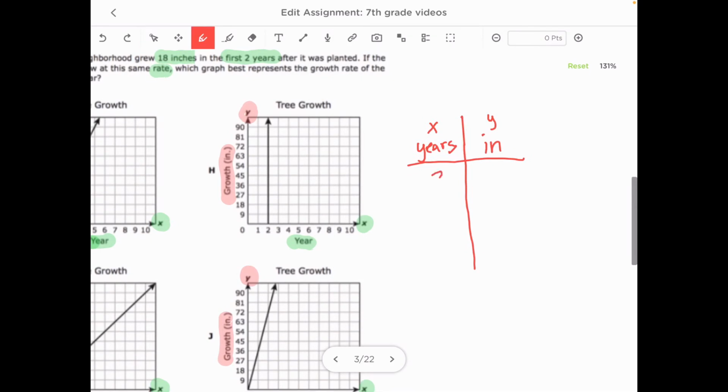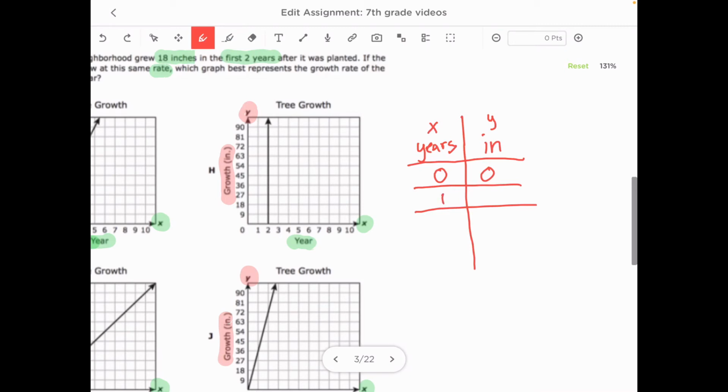So in 2 years, it grew, well, let's back up. In 0 years, it grew 0 inches because obviously, if it's not even planted, if the seed isn't even in the ground, it hasn't grown at all. Now, I'm going to leave a space because I want to figure out how many inches it grew in 1 year.